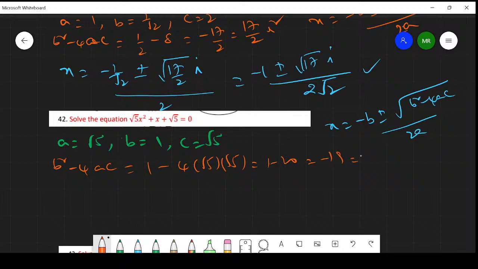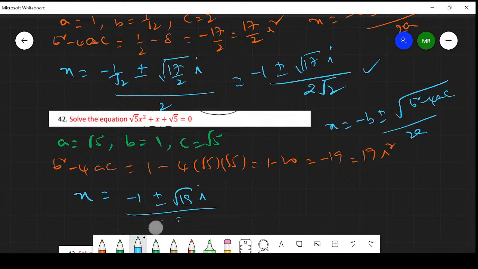Minus 19, it will be 19i square. Now write the answer using the formula: x is equal to minus 1 plus or minus root 19i by 2a, that means 2 root 5. That's all, 2 root 5.